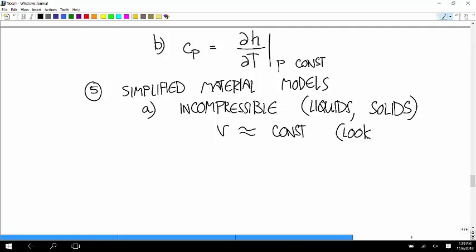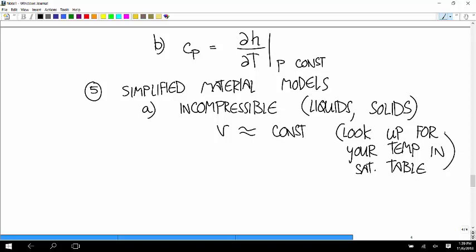And what constant do you use? The best thing to do is to look that up at a temperature that's relevant for your analysis. So look it up for your temperature in the saturation table. And then we also assume that U is really just a function of temperature, that pressure doesn't change it very much.